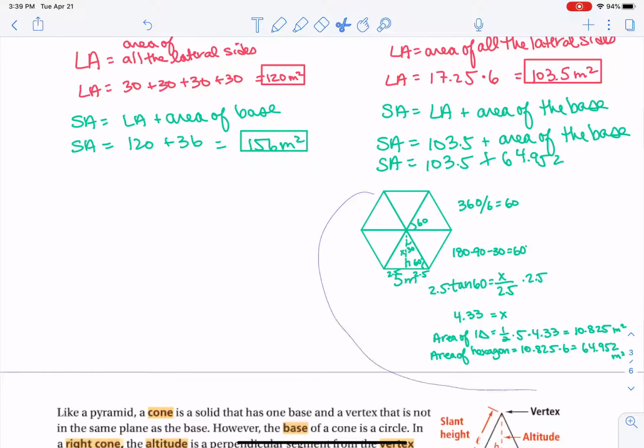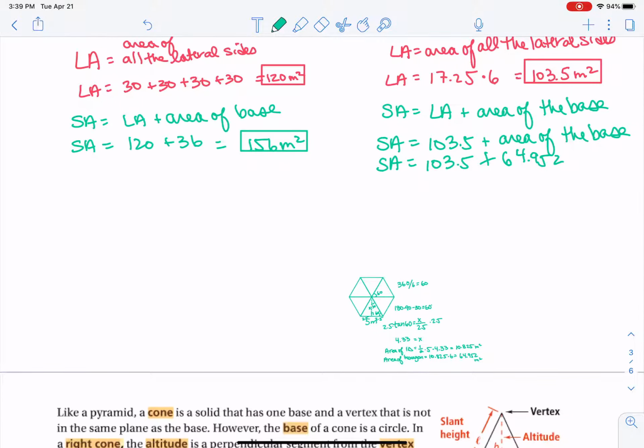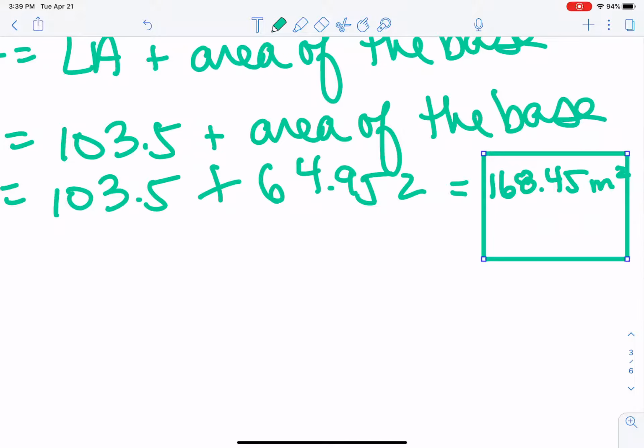If I add those together, type it in my calculator, I will get 168.45 meters squared.